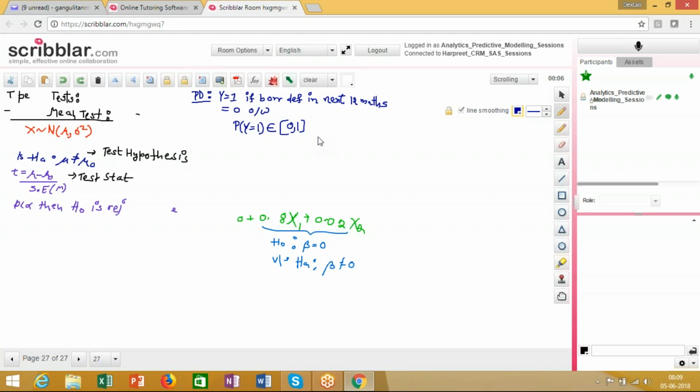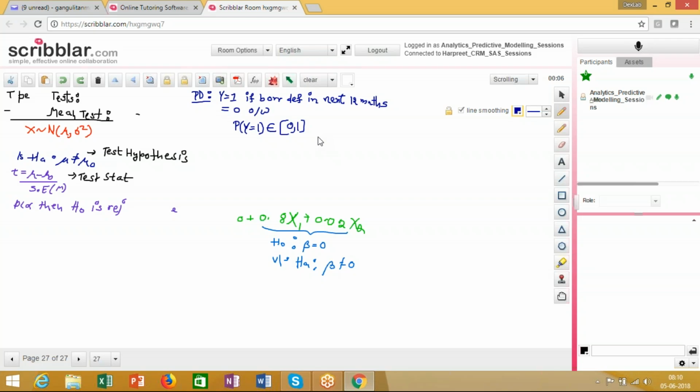Now the question that comes up is that the variables with which we predict these values are continuous in nature. So when we are trying to develop a probability of default model, the dependent variable is fractional in nature, but the independent variables are continuous in nature.